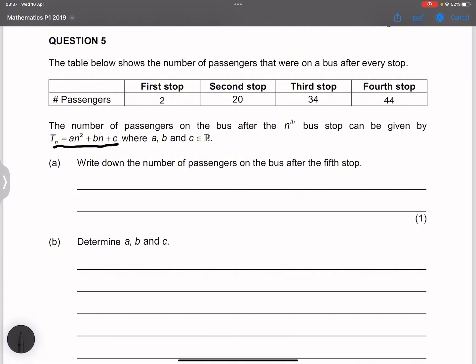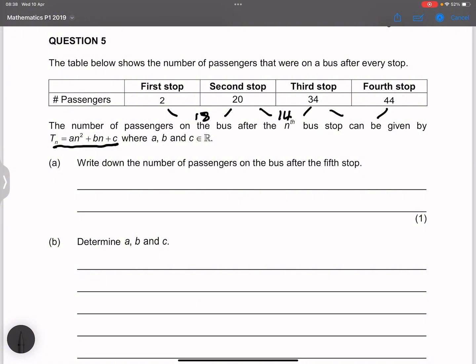So all we need to do, ladies and gents, let's see. So which means what is our first difference of this pattern? So you see, right, our first difference will be 20 minus 2, that will be 18, right? And the next one will be 34 minus 20, okay, so that will be 14, okay?